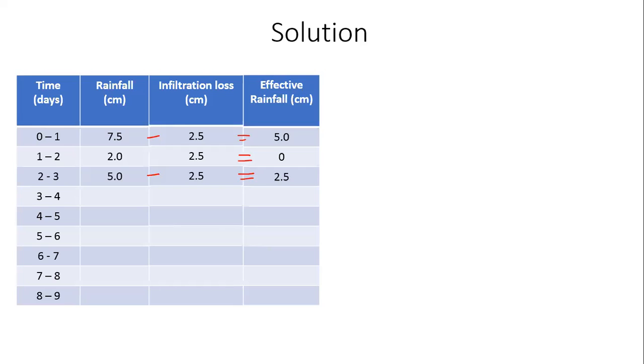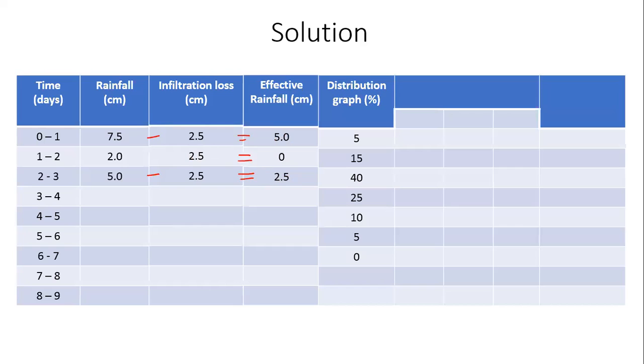What would you do? Multiply by the effective rainfall and lag by the appropriate times. Multiply by 5 for the first day; multiply by 0 and lag by 1 day, but since you're multiplying by 0, you don't have to do anything. Then the third, you multiply by 2.5 and lag by 2 days. So it's fairly straightforward, and that's exactly what we are going to do.